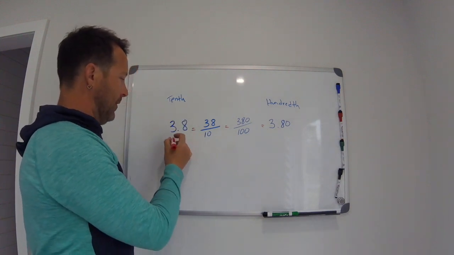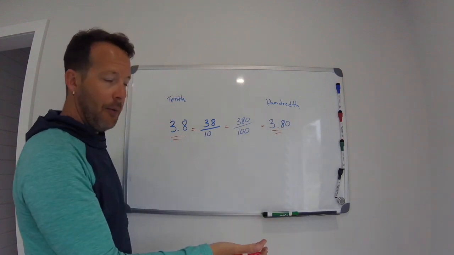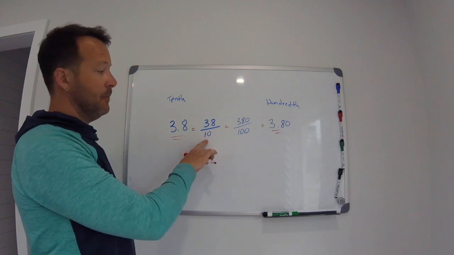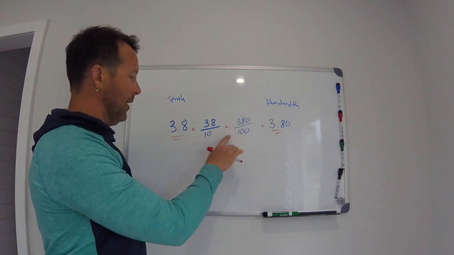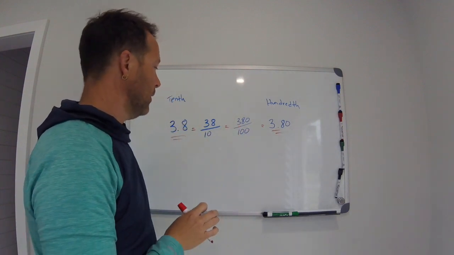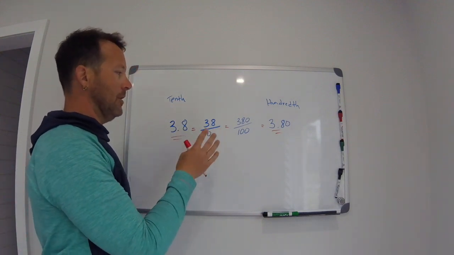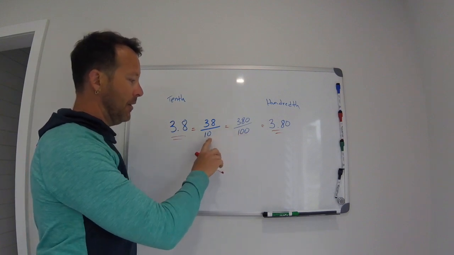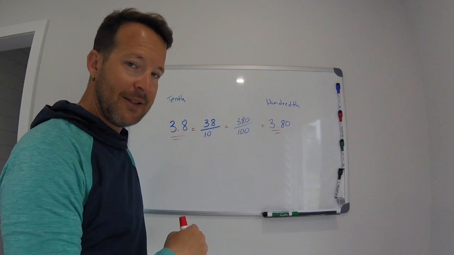So they want us to understand that 3.8 is the same as 3.80, and that the fraction 38 over 10 is the same as 380 over 100. These are all the same number, okay? They represent the same amount of something, even though they look different. The only difference is the denominator tells us how many pieces we're dividing this thing up into.